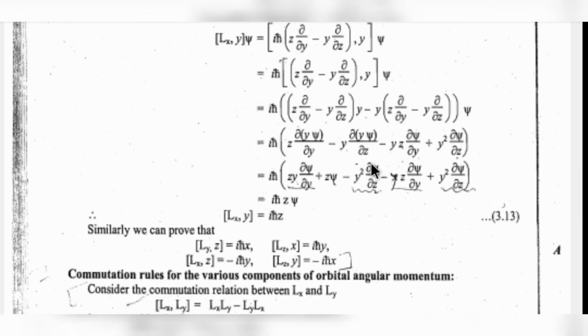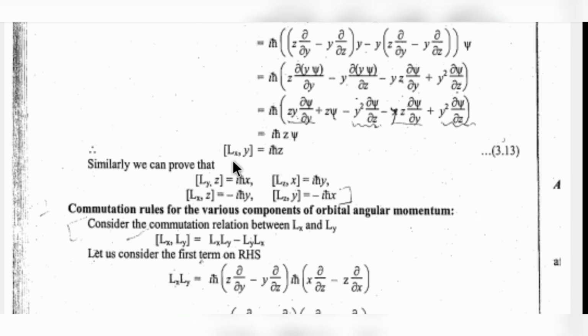We apply the commutator. First of all, we put this value and multiply with y, and then minus, put y first, and then the second value is here, psi is also there. Now put y in this equation, and this y is put in this equation.